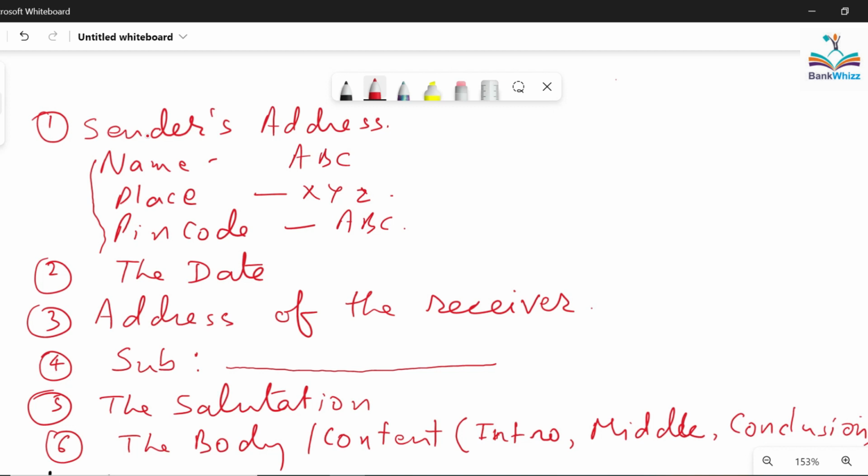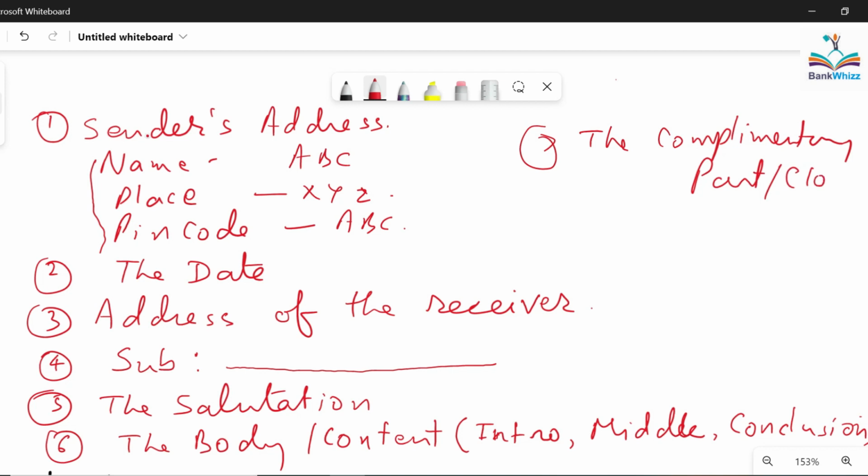Okay, friend, in the seventh place comes the complementary part, the complementary part or close. It comprises yours faithfully, or faithfully yours, yours sincerely, something like that.